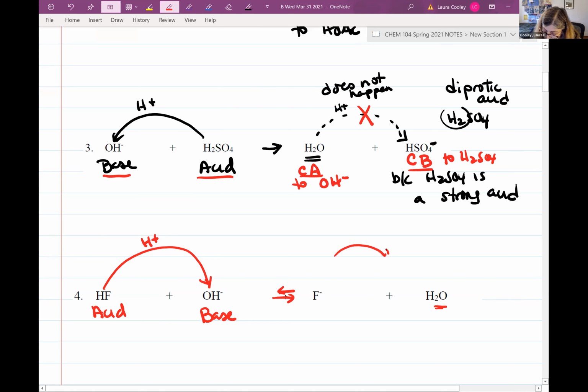And now, which way would the arrow go? One or two? Two. Yes, it has to, because you have to end up with HF over here. So the proton has to go back that way.